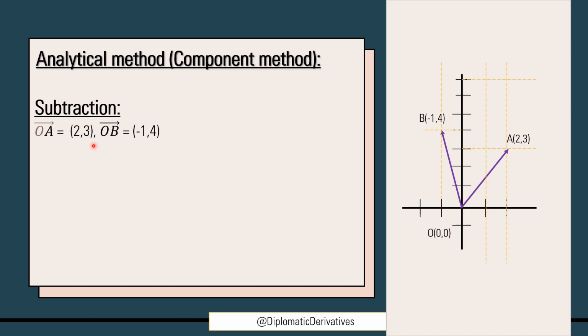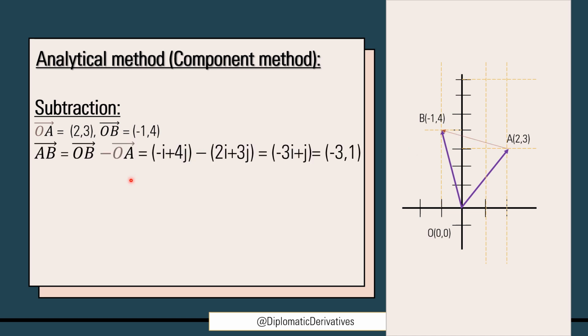Another thing we need to remember in subtraction: let's suppose you have a vector OA, which is 2 3, and OB, which is minus 1 and 4. Now, what is vector AB? Vector AB is from the head of A to the head of B. You have one vector OA here, you have another vector OB here, and from A to B there is a vector which is AB.